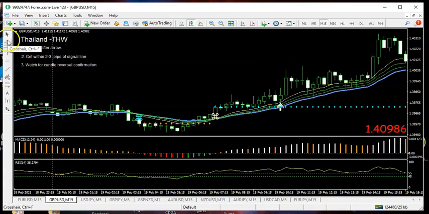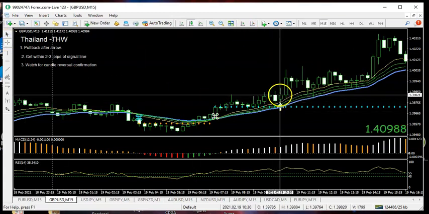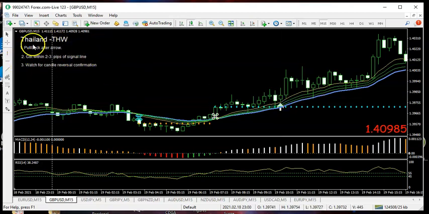So let's take our pointer here, and let's just see if we were to buy in this area now, and we come back here, we have about 9 pips. Now I've changed this up here. We want to see a pullback after the arrow, and in fact it goes higher and then pulls back. But bottom line, you'd like to be within 2 or 3 pips of the signal line, especially if you're trading a shorter time frame.